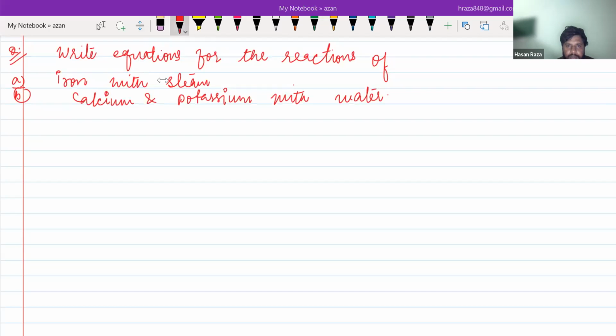Potassium plus H2O gives potassium hydroxide plus H2. Very good. It's correct. Potassium directly reacts with water to form potassium hydroxide because it is very reactive, and hydrogen gas along with heat energy. It's correct for potassium. Please do it for calcium as well.